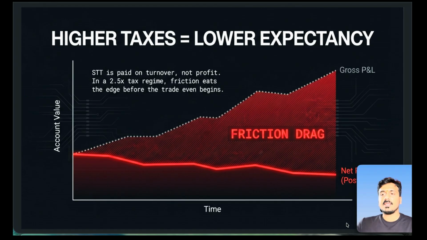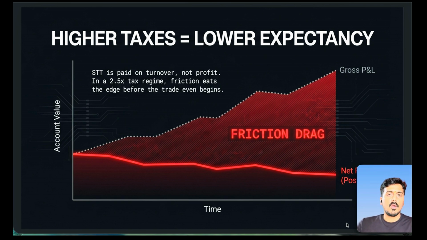Let's say this STT is now increased 2.5 times. For this example, I'll assume the increase in charges is now 1 rupee. In that sense, on the 80 trades that he is winning, he's actually only making 2 rupees, and on the 20 trades that he is losing, he is losing 4 rupees.